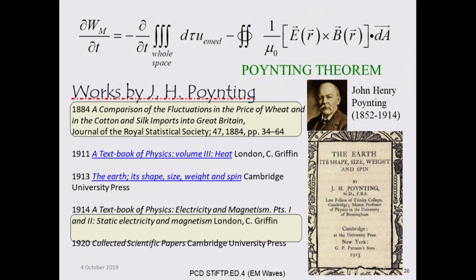And at the top, in 1884, he wrote a book on the comparison of fluctuations in the price of wheat and in the cotton and silk imports into Great Britain. So, from commerce to astronomy to electromagnetic theory, an amazing contribution.